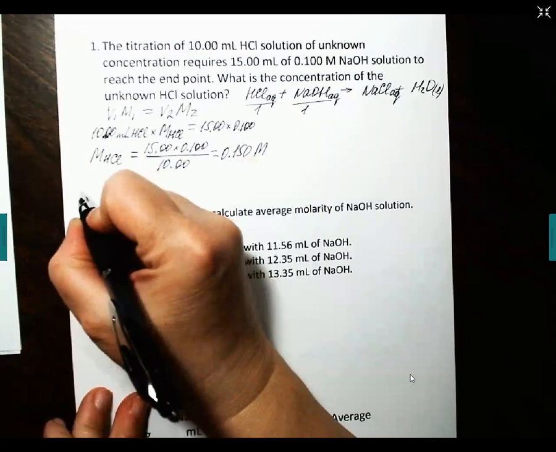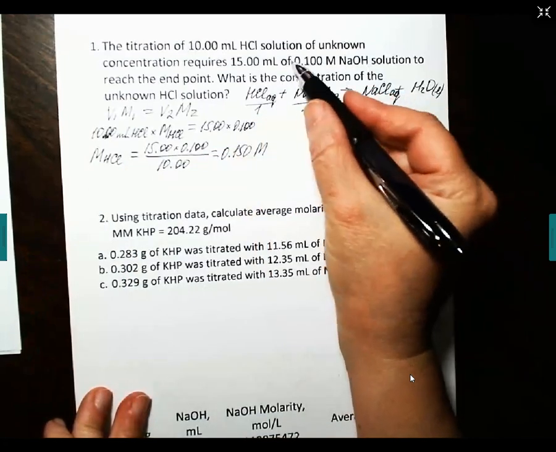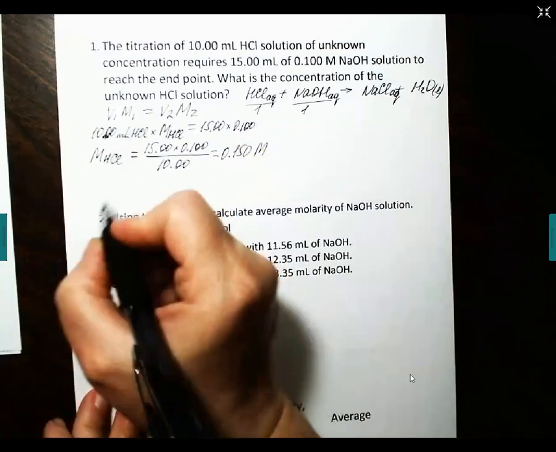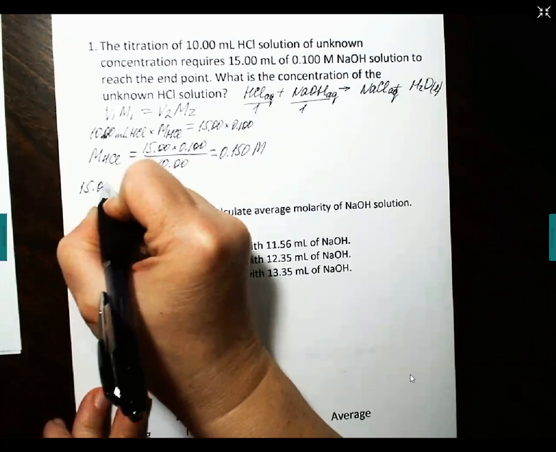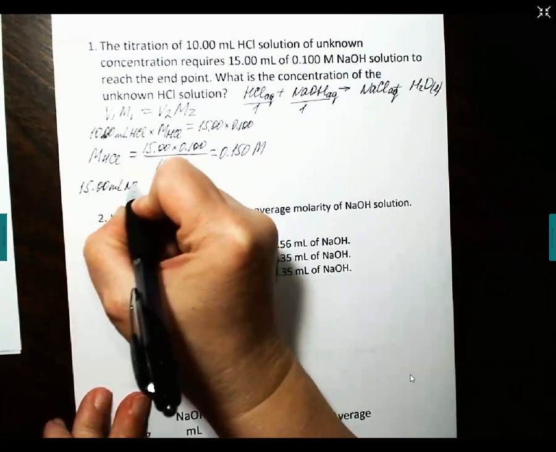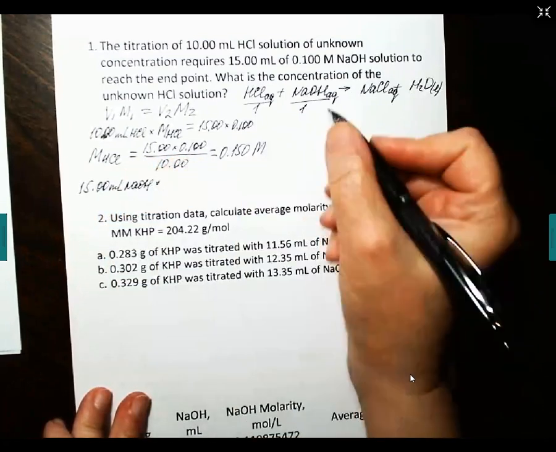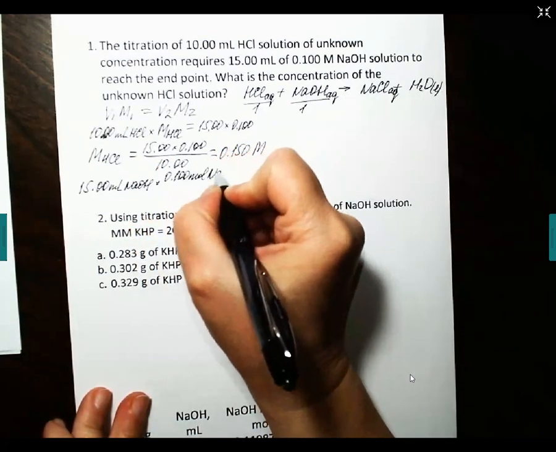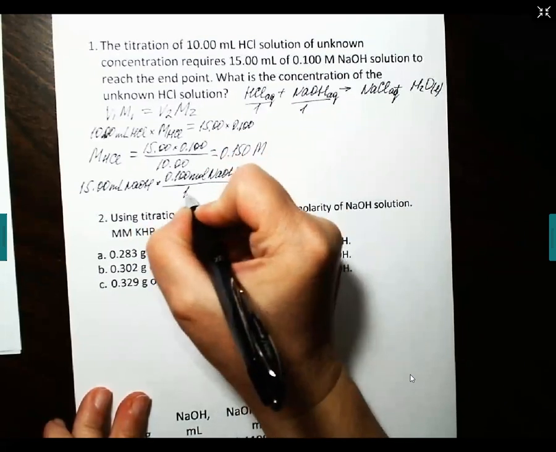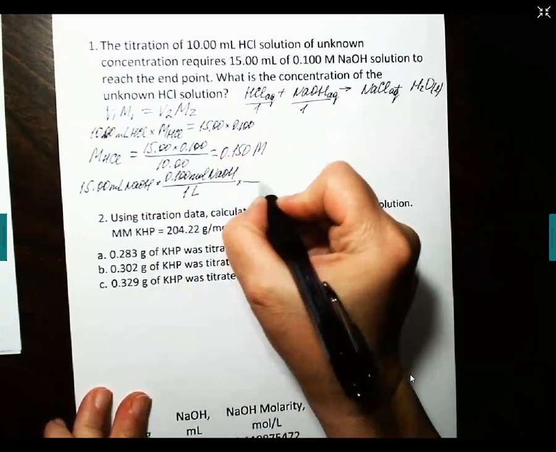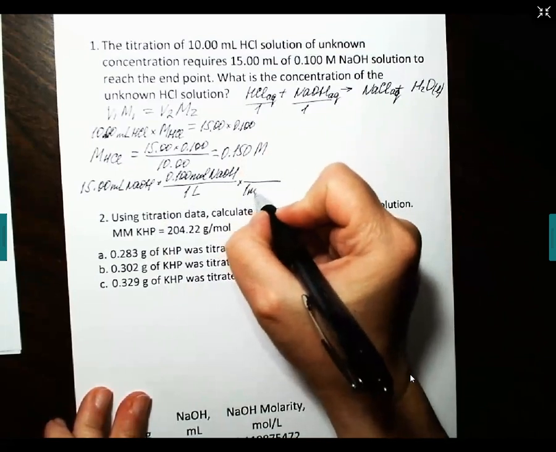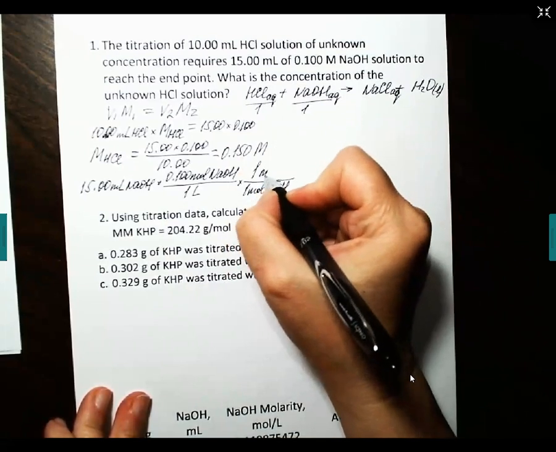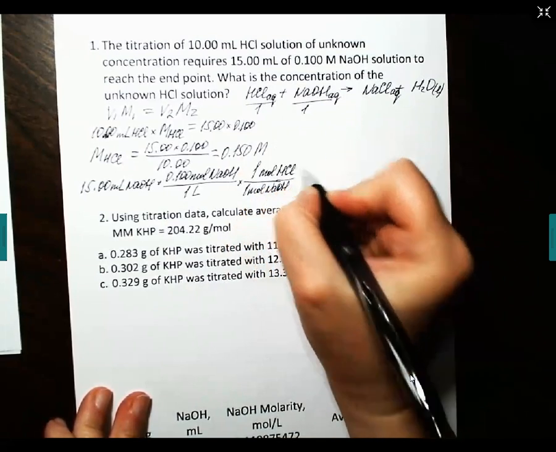So we start with what is given about the second reactant, for which we know both volume and concentration. 15 milliliters of NaOH, and we know molarity, 0.1 mole of NaOH in 1 liter. We know that 1 mole of sodium hydroxide reacts with 1 mole of hydrochloric acid.